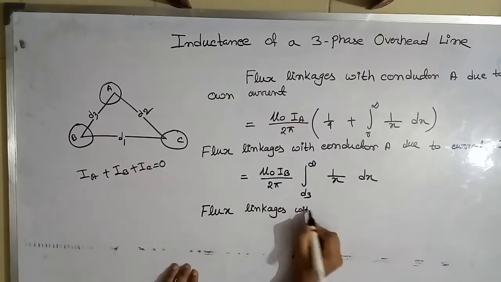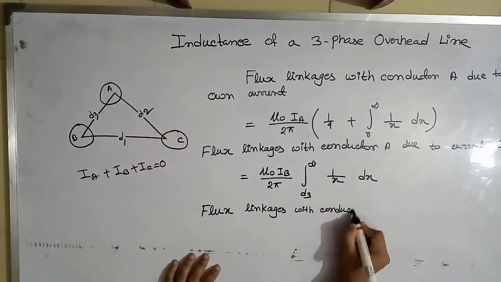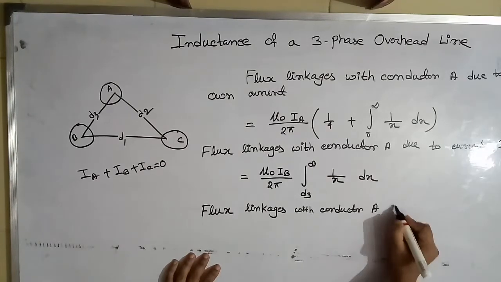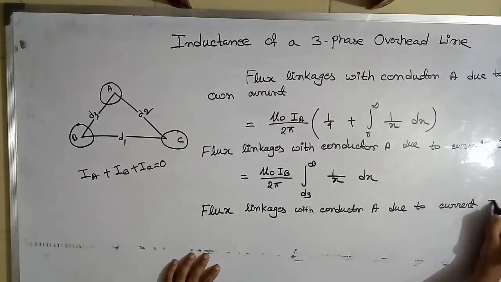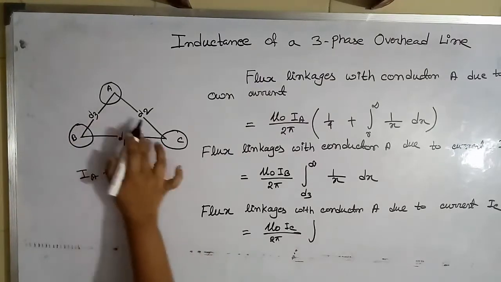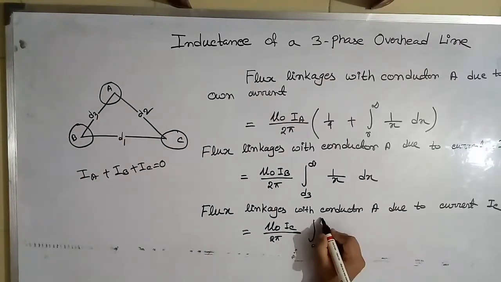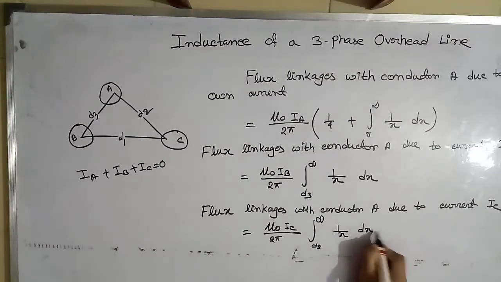And flux linkages with conductor A due to current IC is mu 0 IC by 2 pi, distance is D2 to infinity, 1 by x dx.